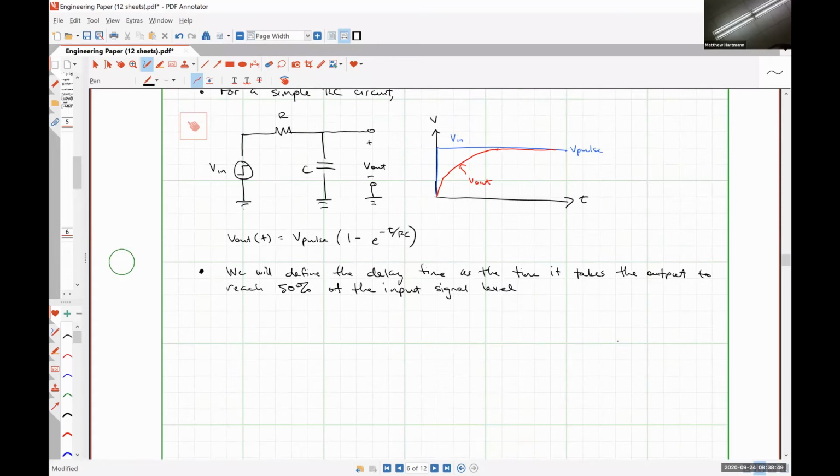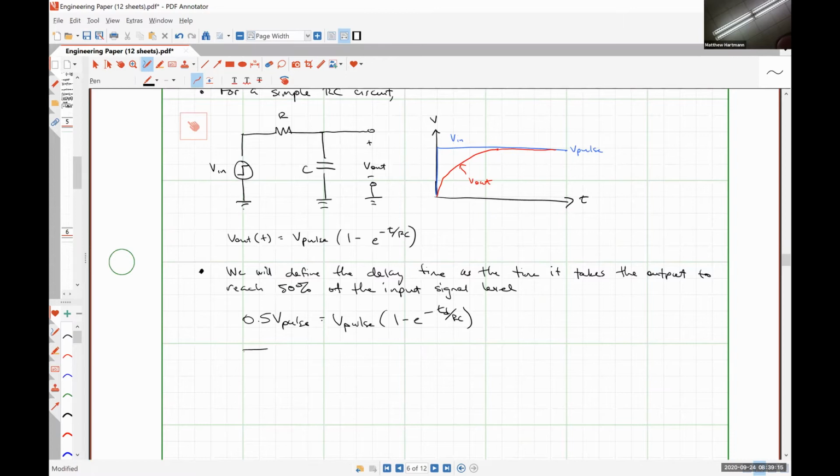So from this definition, we can see that 0.5 V pulse, that's our desired output voltage, is equal to V pulse times 1 minus e to the negative td, our delay time, divided by RC.